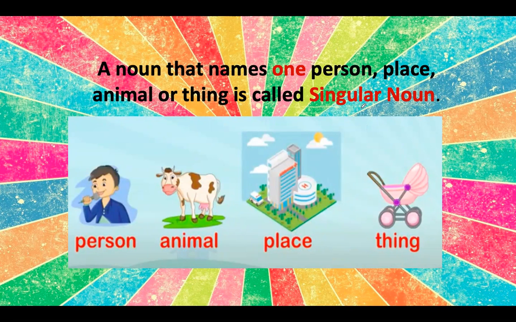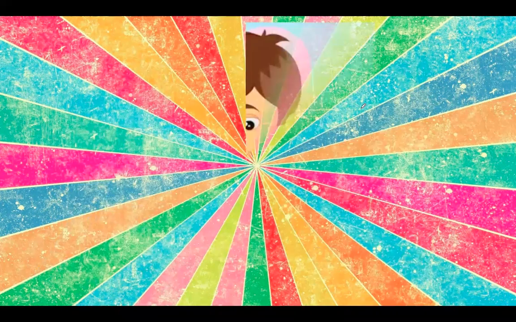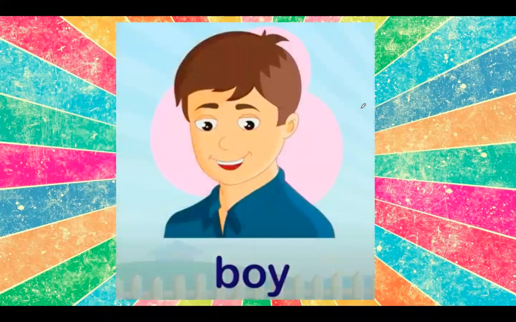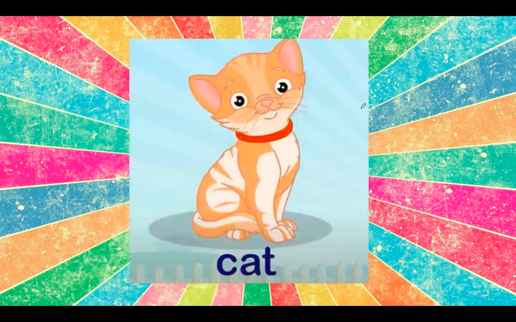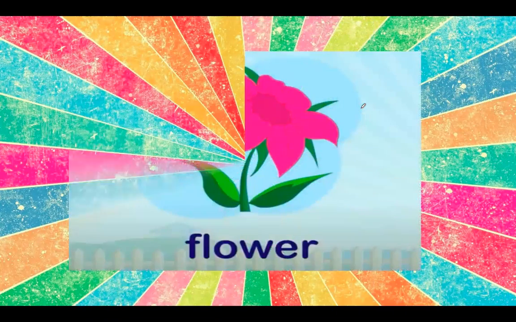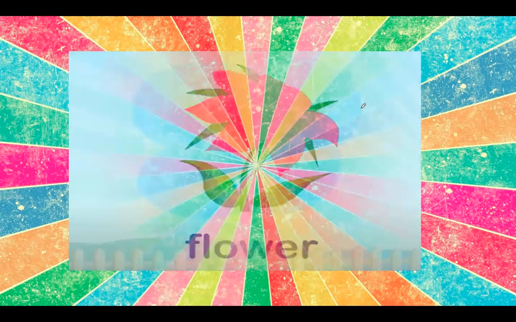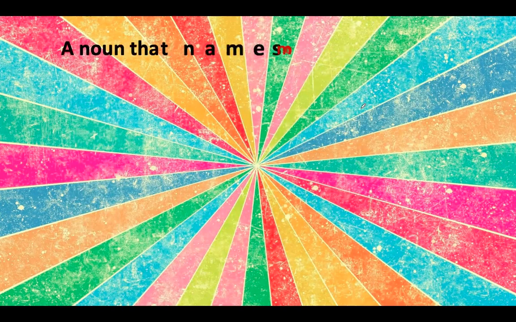Singular means single. Single means one. Okay, for example, boy, one boy, cat, a cat, a house, a flower. These all were singular nouns.